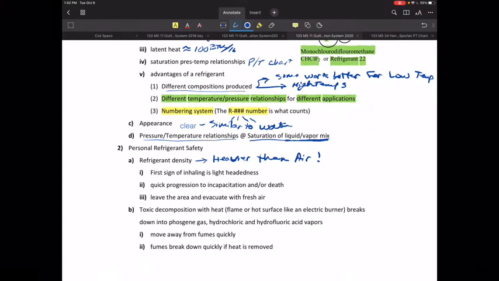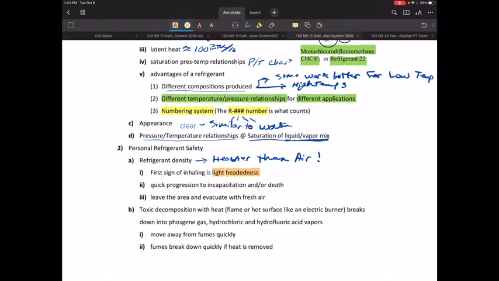They talk about the first sign of inhaling a refrigerant. One of the first signs is lightheadedness. And you wonder, what's the deal behind that? Well, if you breathe in a high percentage of refrigerant, it gets inhaled into your lungs, and your lungs have an inability to push that out.